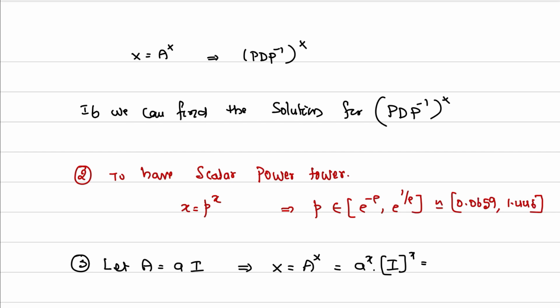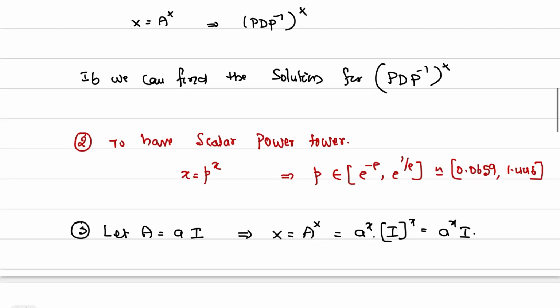Everything is I only. That means a to the power of X into I. Can we write like that? We are slowly proceeding towards a simplified form to get a solution. Can we write like this?